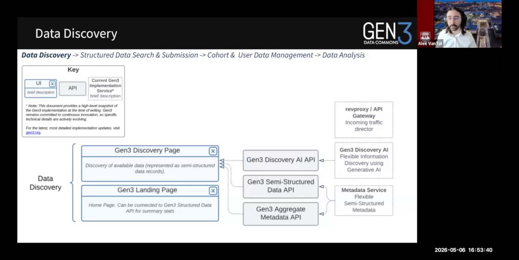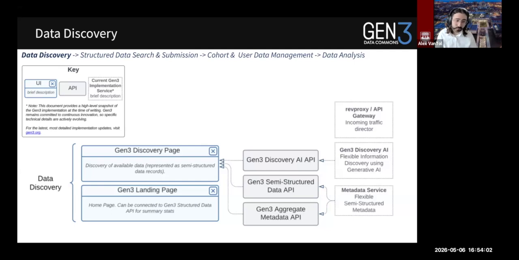The front end can be configured to display certain columns, to display certain ways of filtering the data, to have a free text search box. All of that is highly configurable, as is the Gen3 landing page itself. As Chris was clicking through different instances of Gen3, there are different colors and different logos. All of that is very customizable.